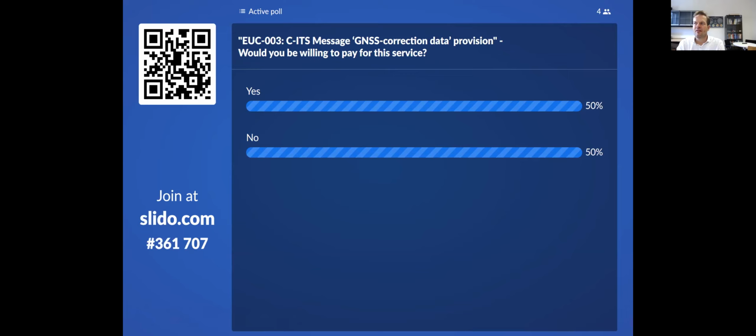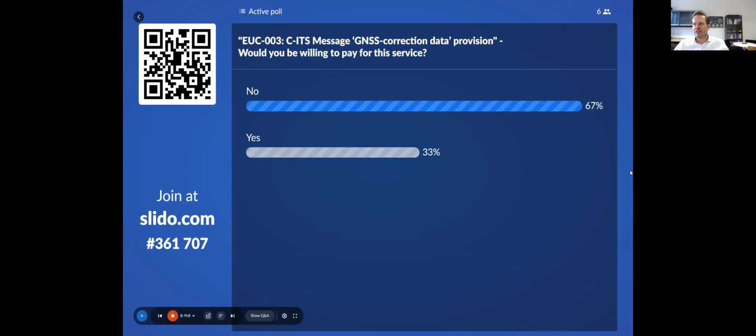Here, probably the question also is who is addressed, because ultimately it goes to implementers of services based on such correction data in the end. And here also the question is a majority also in the no direction.